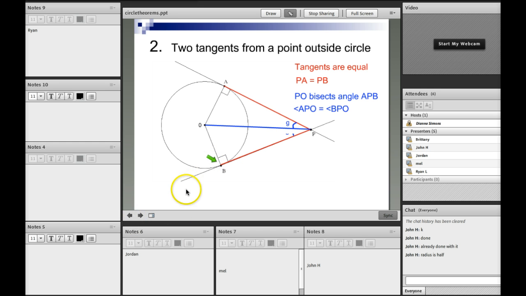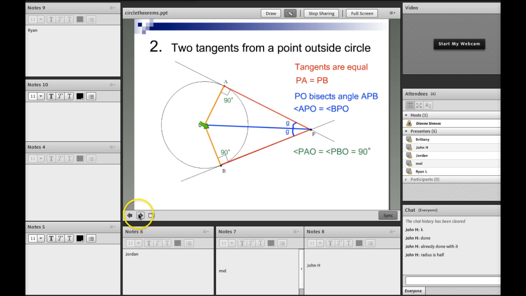Trying to think how to draw this. So, angle APO is equal to angle BPO. Make sense? Because it's a bisector.